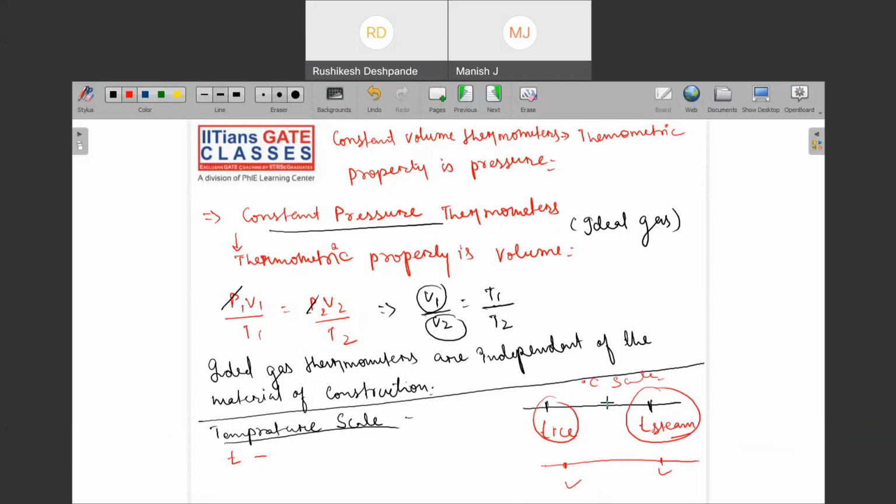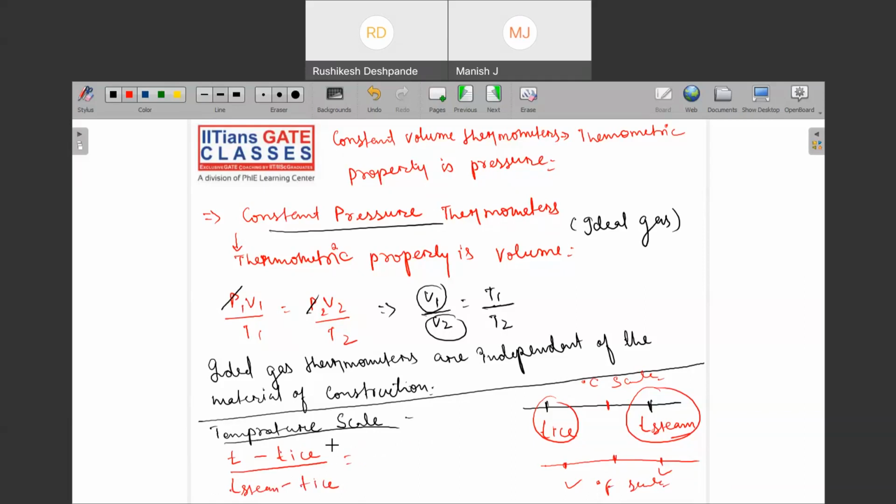Let us say you are talking about what is the temperature in degree Celsius and the same temperature in degree Fahrenheit scale. So at T, (T minus T ice) divided by (T steam minus T ice) will be equal to that in the changed scale.